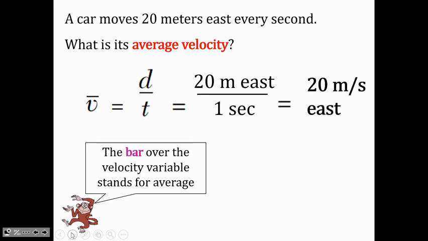This equation, v equals d over t, is located on the back page of your reference table. And you'll notice that the v has a bar over it, or a line over it. That stands for average. So in this case, we are calculating the average velocity. So on average, the car is traveling at a velocity of 20 meters per second east.